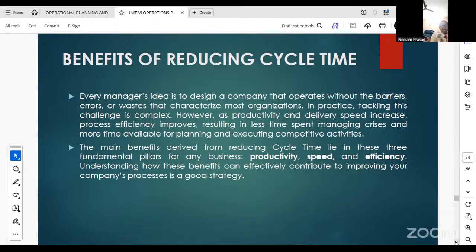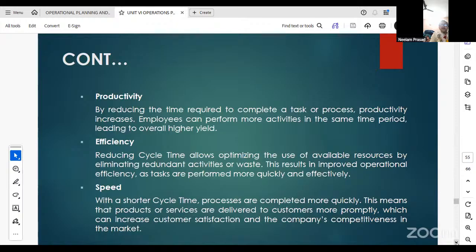Product should be good, with the desired quality and the desired price, all this has to be maintained, and at what speed it has been delivered, and how efficiently it has been manufactured. Because efficiency only will reduce the cost of the product. Here, all these three things are explained.